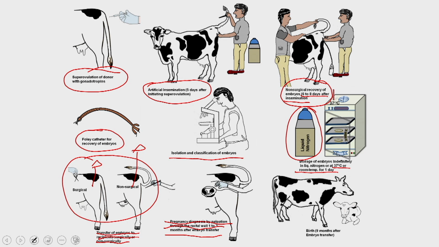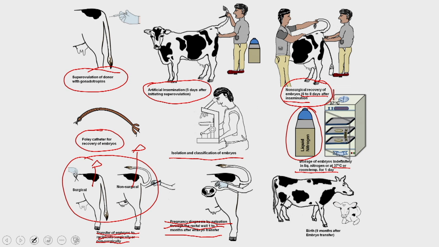Otherwise, in many cases, when you implant the embryos into the uterus, the female hormonal cycle may not be in the right condition, so that they will not accept the embryos, and ultimately the embryos are going to be removed from the uterus by abortion. So, to avoid abortion-like conditions, we have to keep the donor as well as the recipient in a synchronous oestrus cycle, so that the hormonal profiling matches with each other.